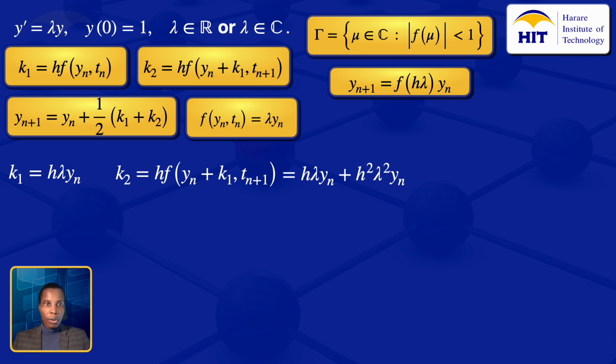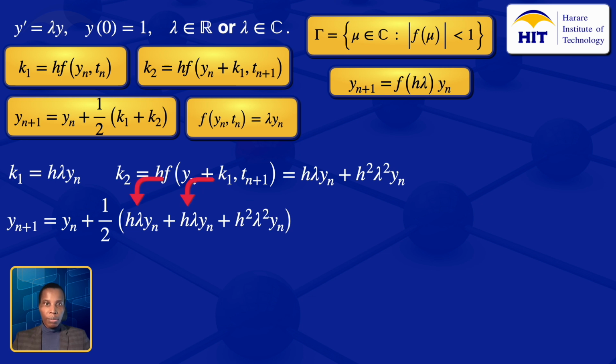Since we now have our k1 and k2, we substitute them in this formula, so that y_{n+1} equals y_n plus half multiplied by h lambda y_n plus h lambda y_n plus h squared lambda squared y_n. But here we have these two terms that are common, so we can add them so that they become a 2.